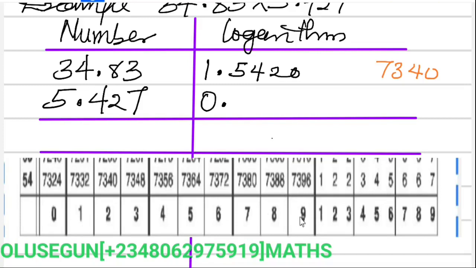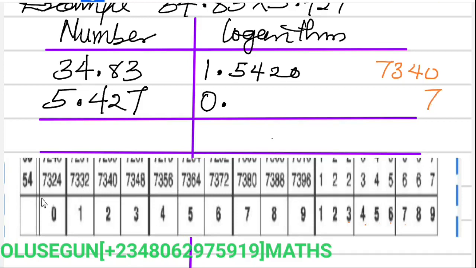Let's find it: 1, 2, 3, 4, 5, 6, 7. So difference 7 is 7. Let's count it again: 1, 2, 3, 4, 5, 6, 7. So we have 7 here. That is difference 7.